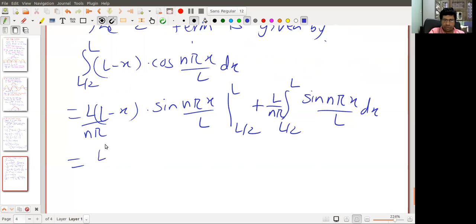So we have L square upon 2n pi into sine, x is L by 2, so sine n pi by 2.